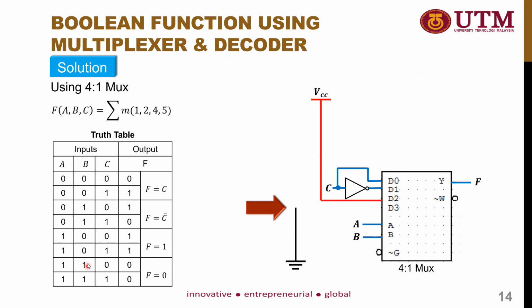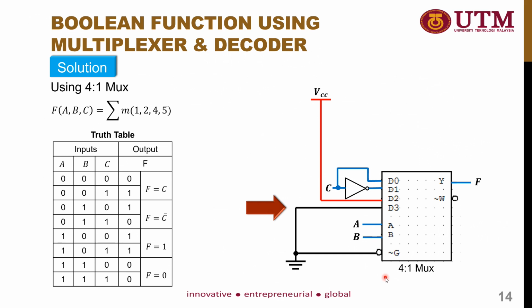And lastly, when A is equals to 1 and B is equals to 1, the output that we can get is F equals to 0. So in order for us to make D3 equal to 0, we need to connect D3 to the ground. And lastly, don't forget to connect your active low enable input to the ground so that your multiplexer will become functional.